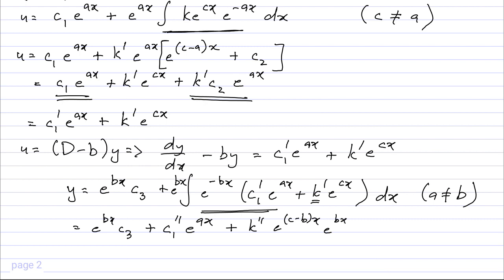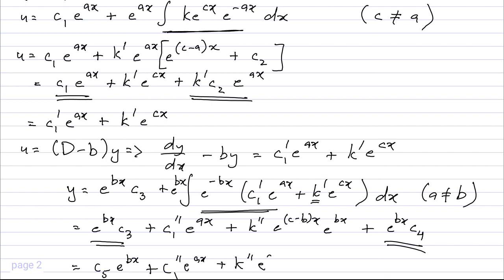Okay, and plus you will also get a constant of integration, so you are going to get e raised to power bx c4. Okay, so these two you can combine into a single term, which I call as, well, you just have to redefine constants again and again. Okay, right, and you also have c1 double prime e raised to power ax plus k double prime e raised to power cx.